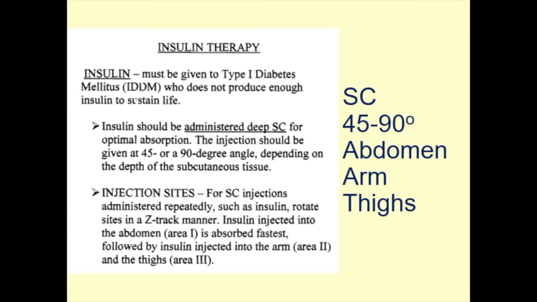Instead of the subcutaneous route, your patient might accidentally administer it intravenously because of the rich supply of blood vessels in the umbilical area. So again, the three areas are abdomen, followed by your arm, and then followed by the thigh. That is in order of absorption.